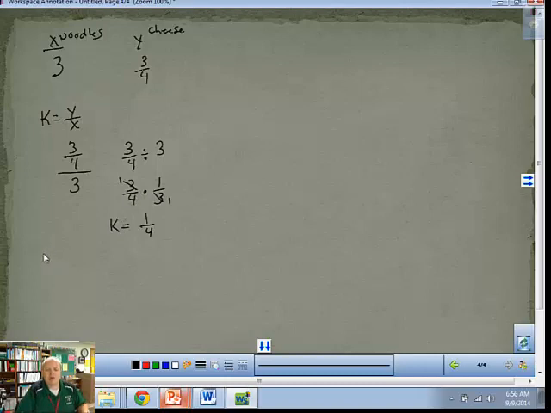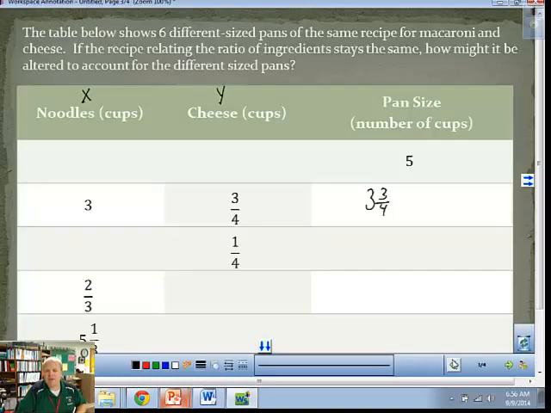Now I could write my equation, Y equals 1/4 X. Now I could use my equation to go back and forth here to solve this out. Let's use an example of how we can do that.